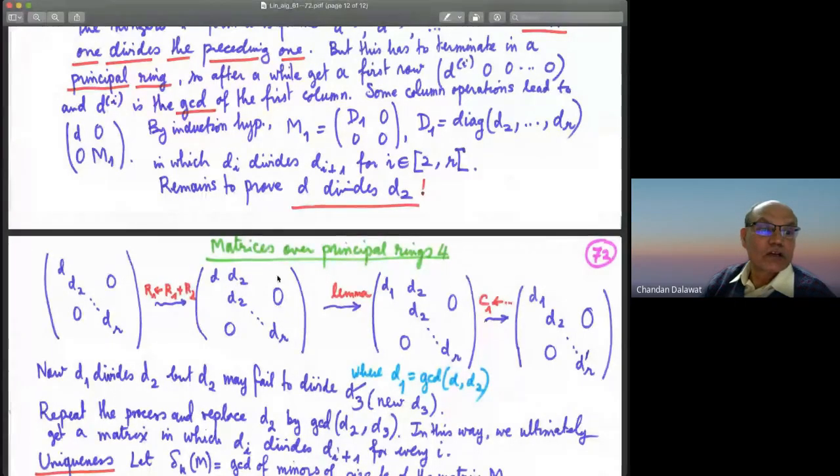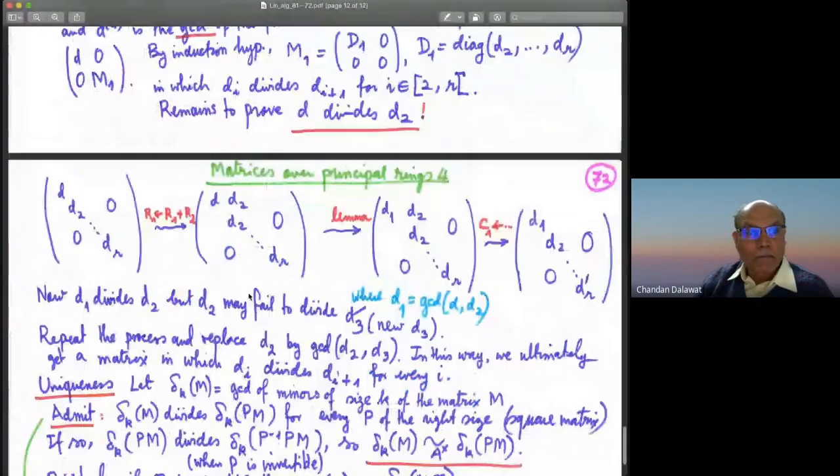The GCD of the first row is going to be the GCD of D and D2. And by the lemma, I can replace it by D1, D2, and then I can get rid of D2 because it's going to be a multiple of D1. So I get a D1 here and I get some matrix here.